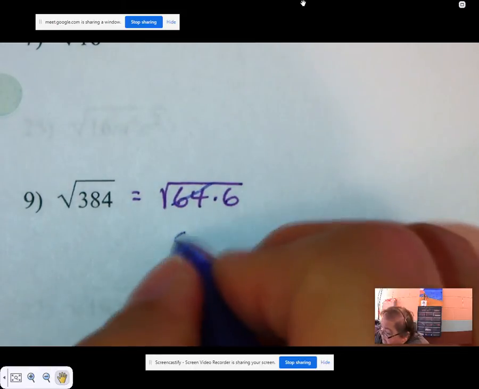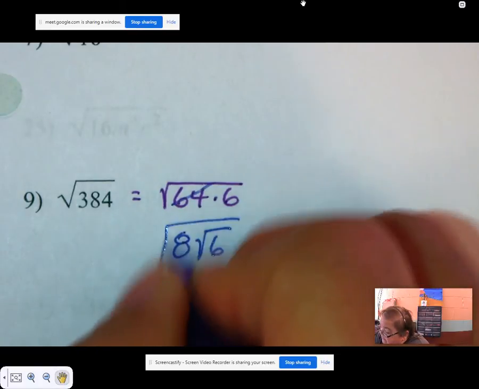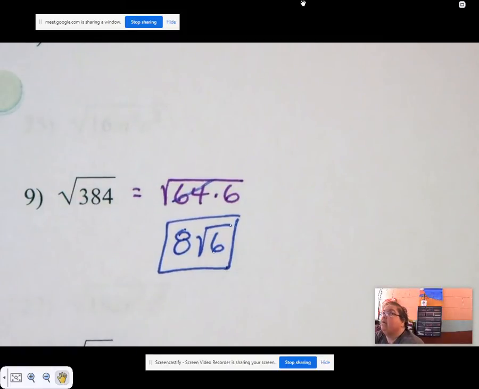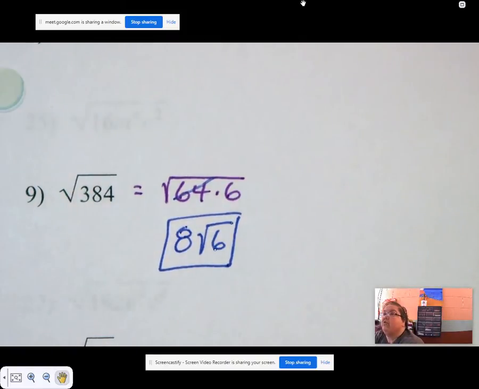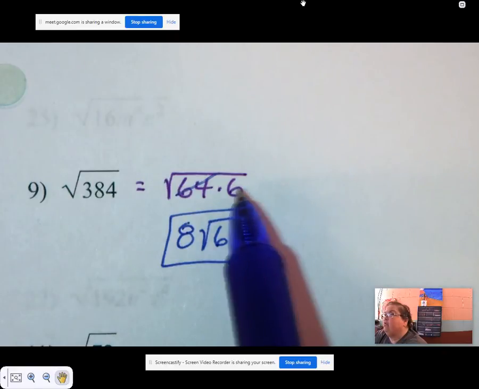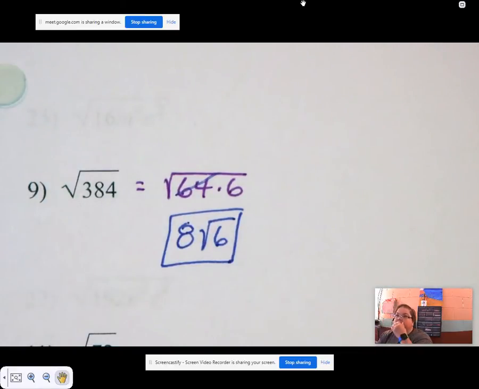Thank you. 8. And 6 stays inside. Questions? Look at what you have left over. 2 times 3 is 6. Neither 2 nor 3 is a perfect, so 6 is always going to stay in the radical.